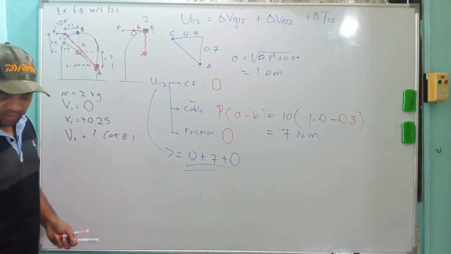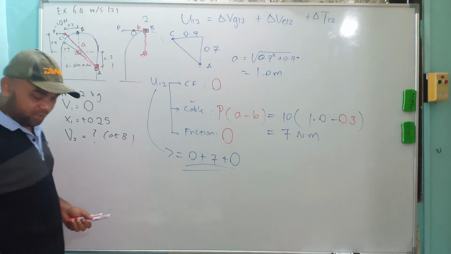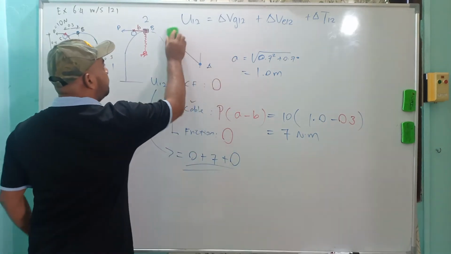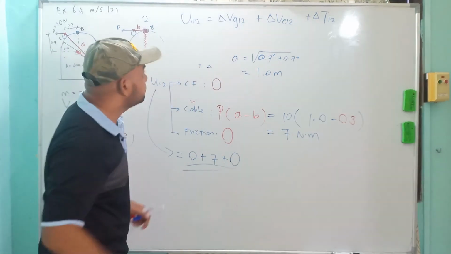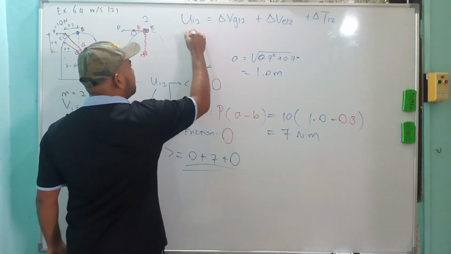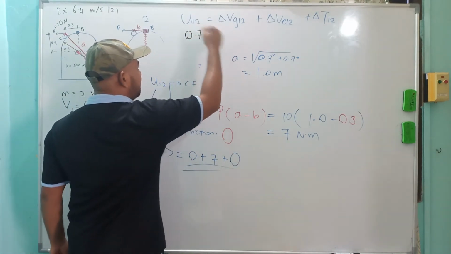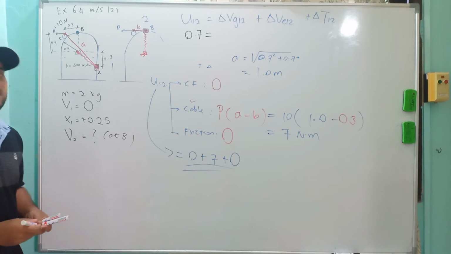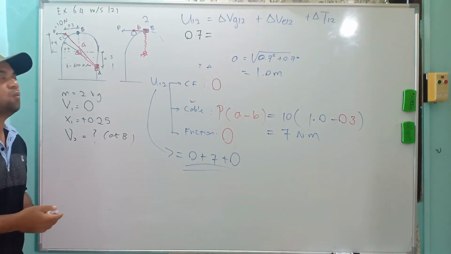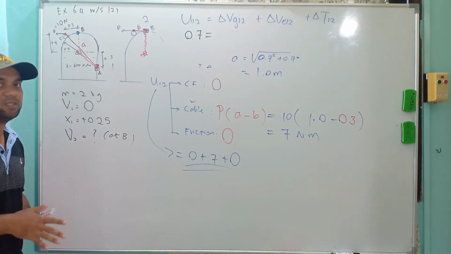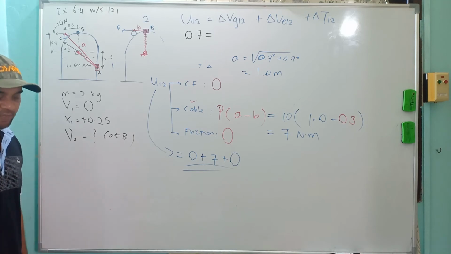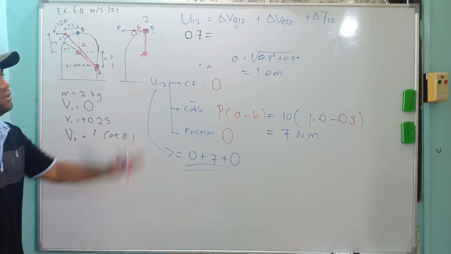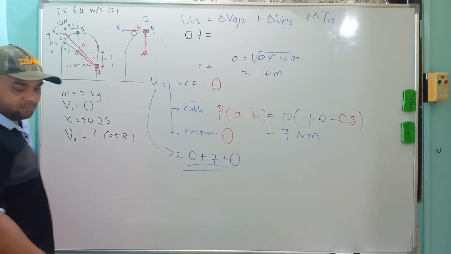Now you know this value of U12, you just need to put it here, 7. So we finish the first part on the left, which is work done by a constant force, cable, and constant friction force. So we go to the three more parts.